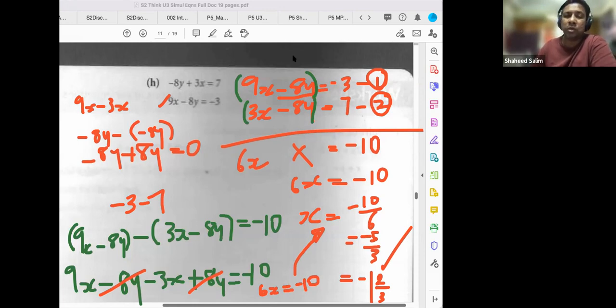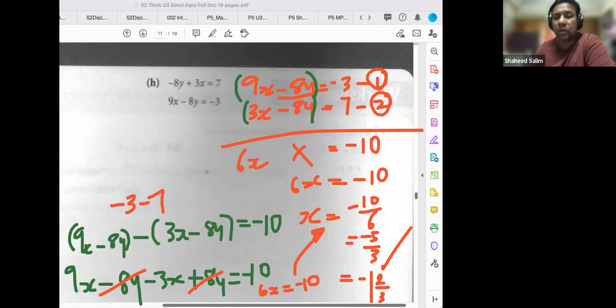So now how to substitute? Okay, this one is a little bit complex. We are dealing with fractions now. So I can call this equation number 3. So I say substitute 3 into, which one? Let's say into 2.